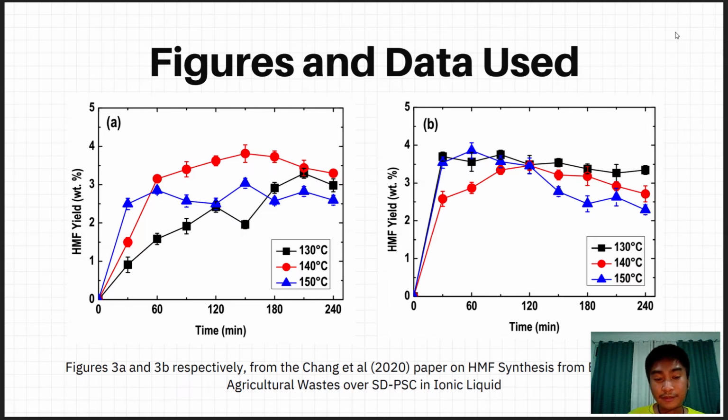PSC1, in figure 3A, is the usage of the peanut shell catalysts that were doped in sulfur for an hour, and this one in 3B is PSC5, which is peanut shells doped in sulfur for 5 hours.